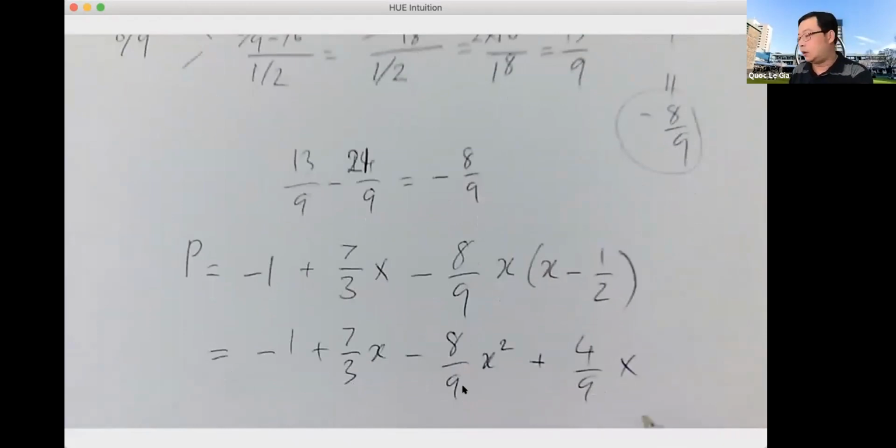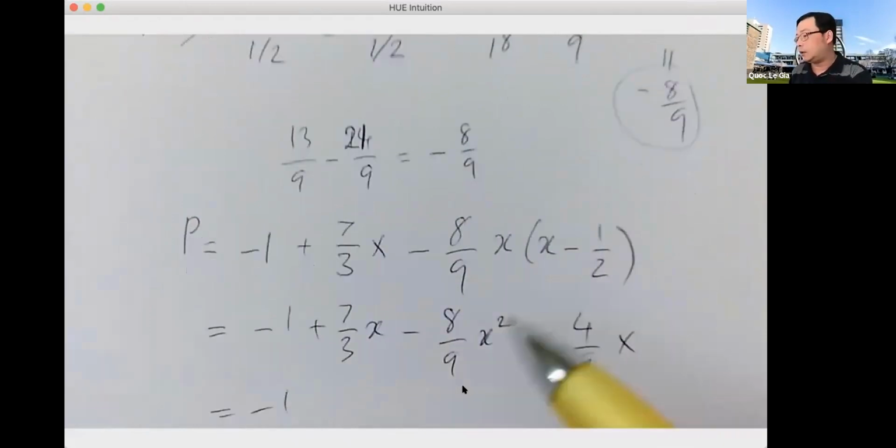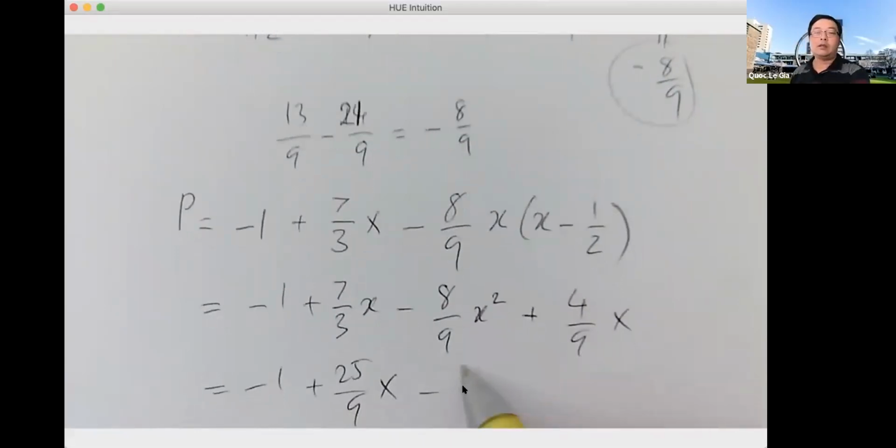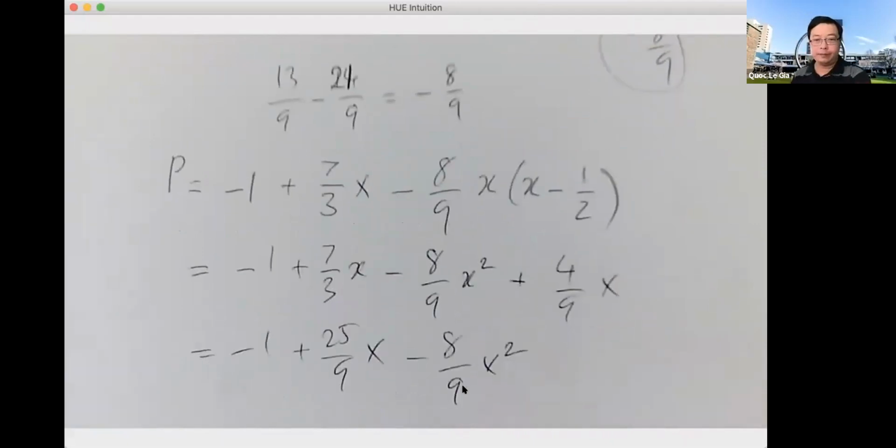So you got 7 as 21 over 9, so 25 over 9 x minus 8 over 9 x squared, minus 1. Okay, so this one is just a quadratic, and you can solve for it, yeah.